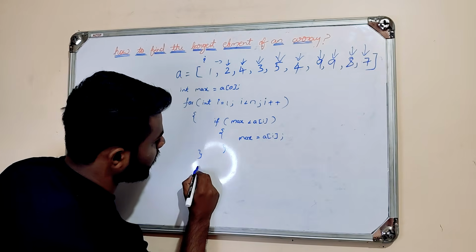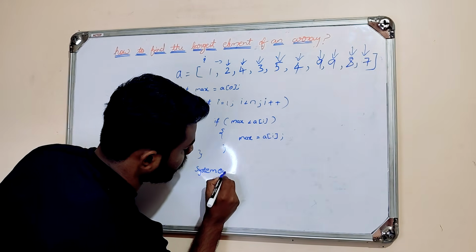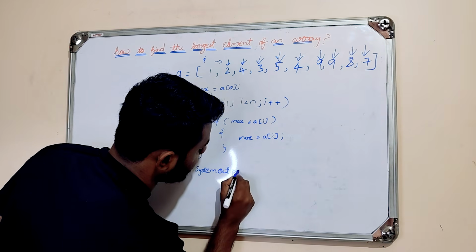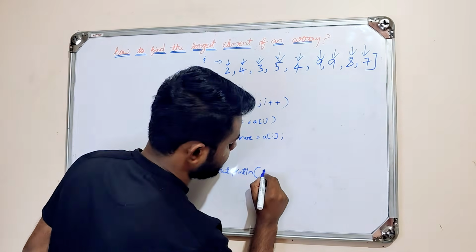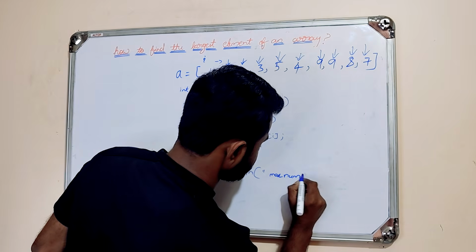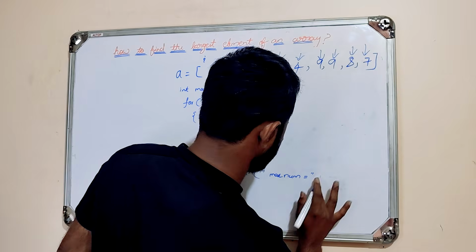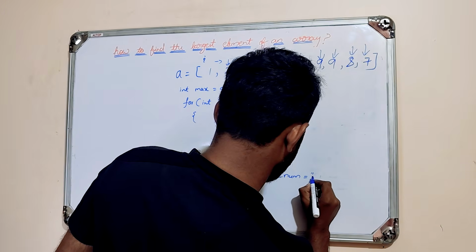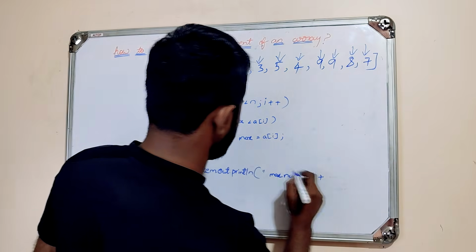Now you are going to print System.out.println of max num equal to, what is max, right?